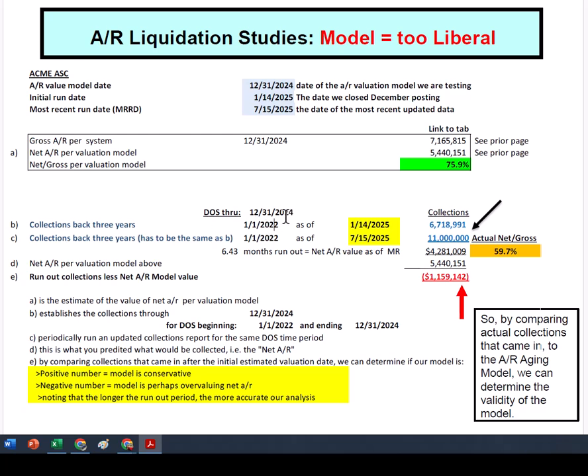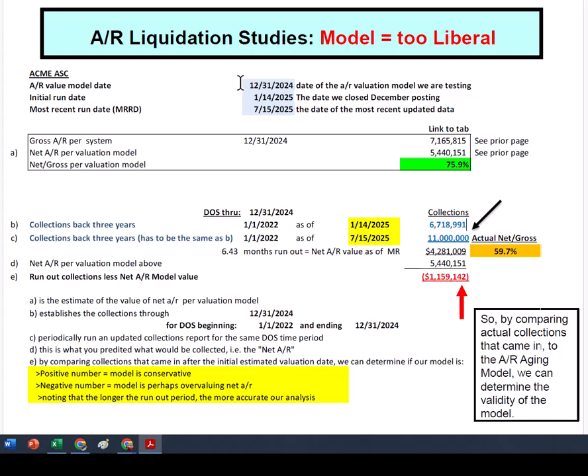So for those dates of service, as of January 14th, I've collected $6.7 million, right? And again, illustrative purposes.